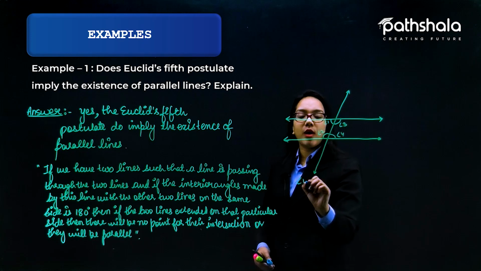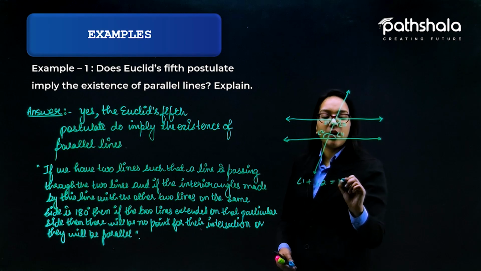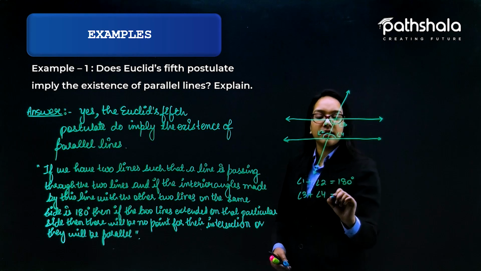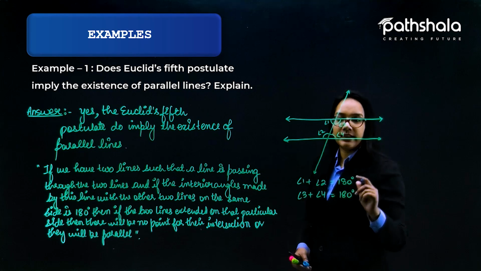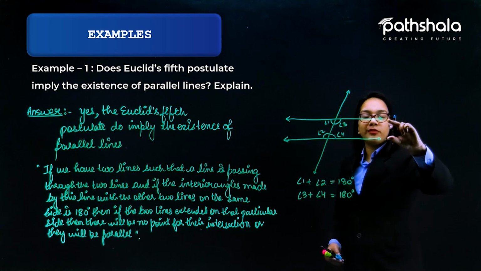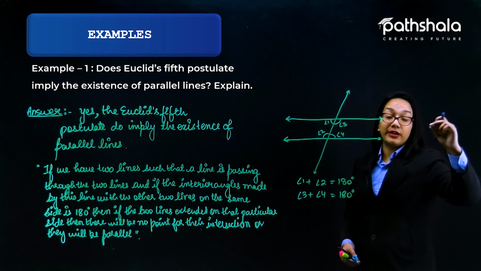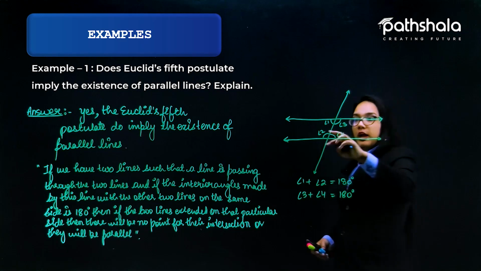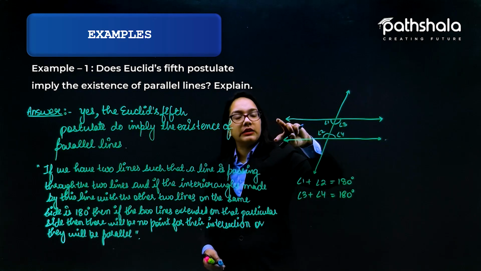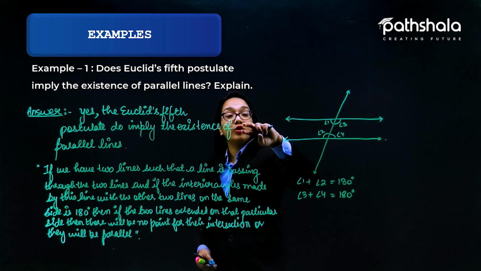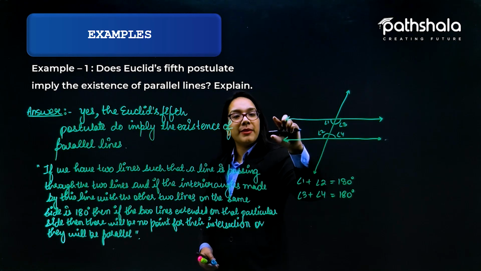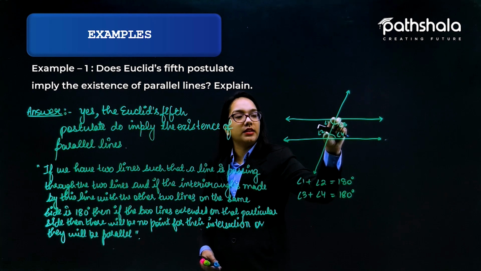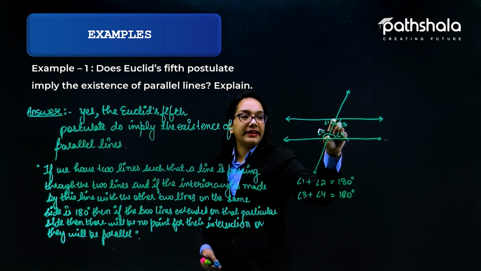If angle 1 plus angle 2 is equal to 180 degrees, and angle 3 plus angle 4 is equal to 180 degrees, then if these two lines are extended on one side, they would not meet each other at any point. Furthermore, if I extend these two lines from this side, they would not meet each other. They will remain parallel to each other because the interior angle sum is equal to 180 degrees.